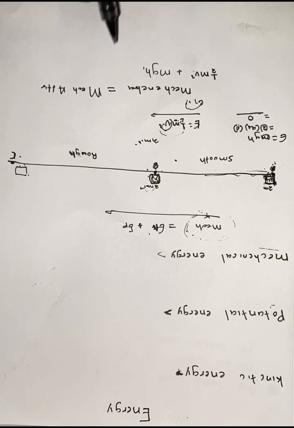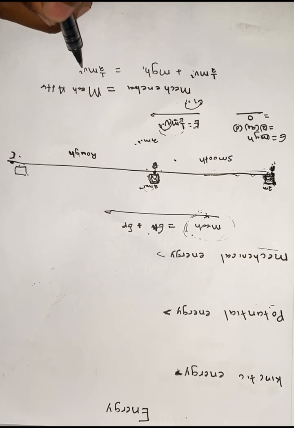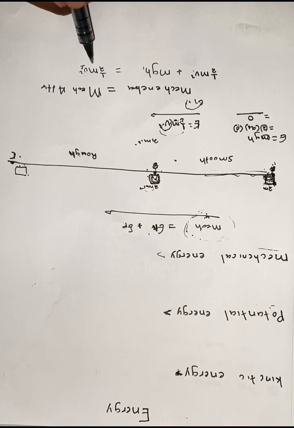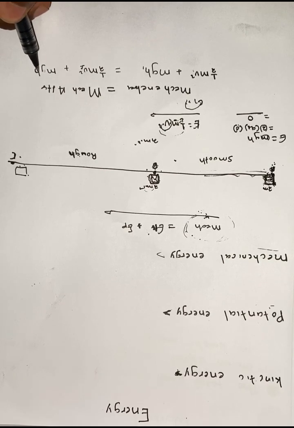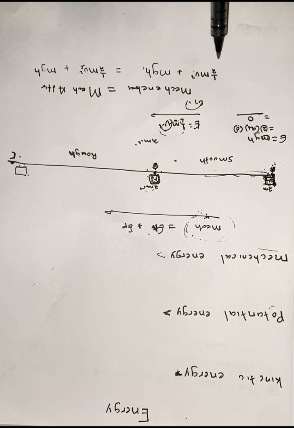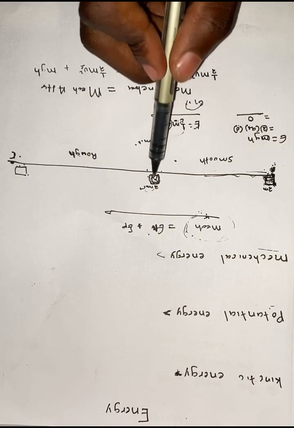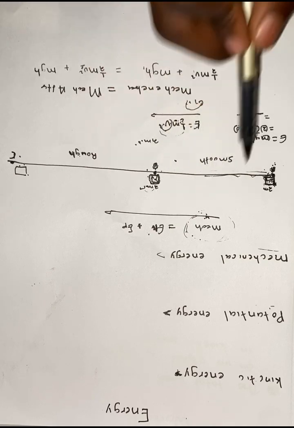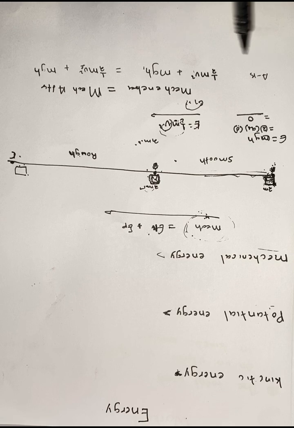This will be initial, equal to 1/2 mv squared final, which is the kinetic energy final, plus mgh. Okay, you can only use this equation when mechanical energy is conserved. Mechanical energy is only conserved from point A to point B. Why? Only conservative force acts on the object.